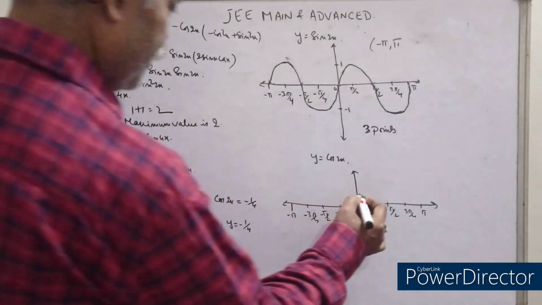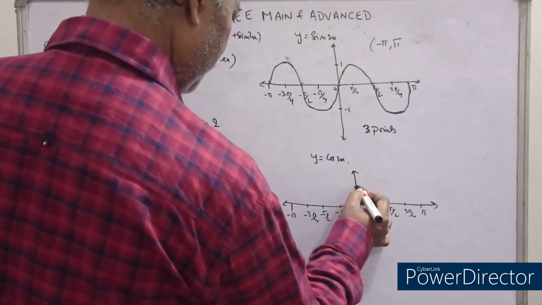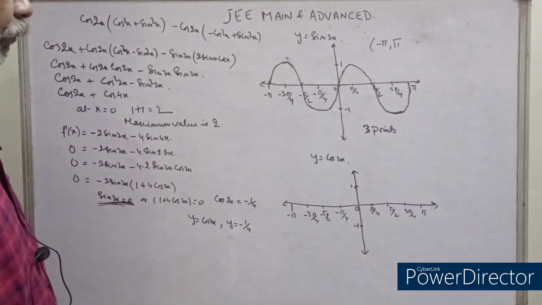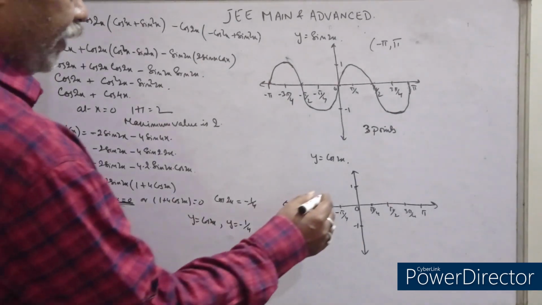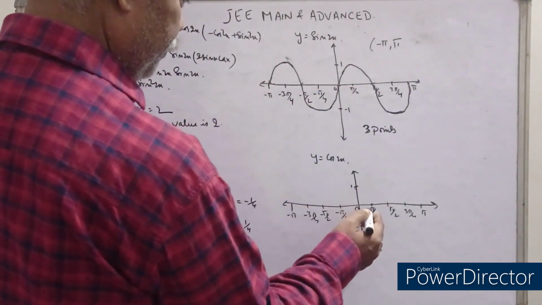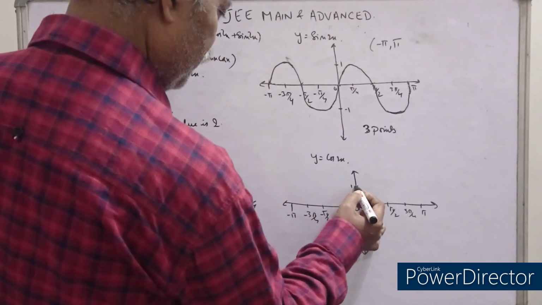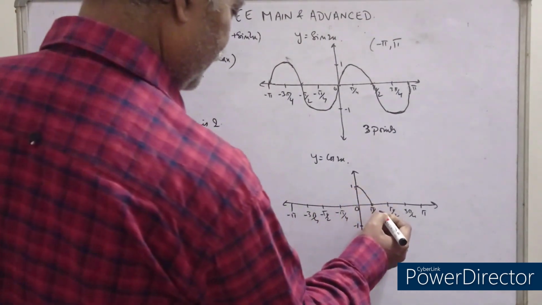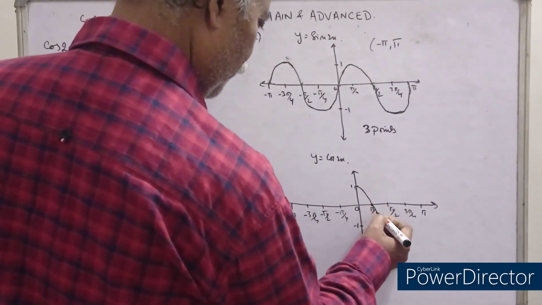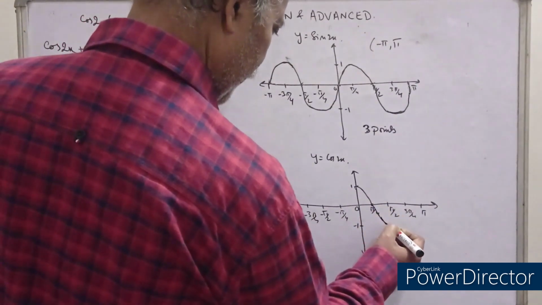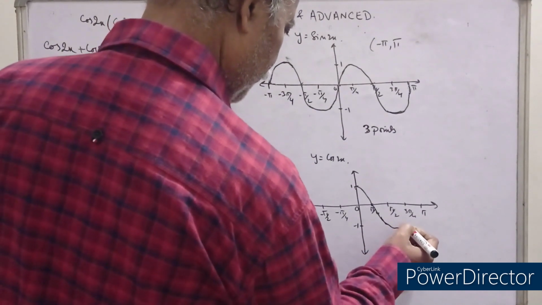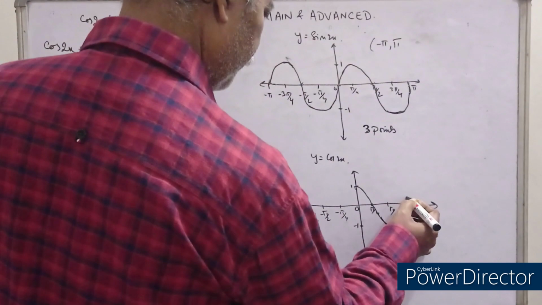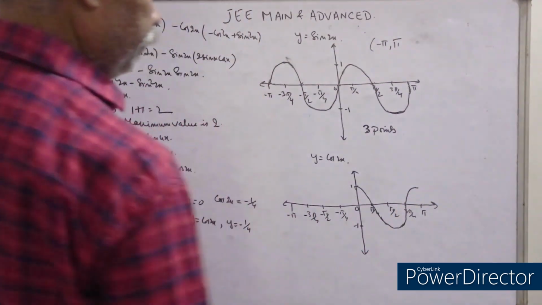The maximum value is 1 and the minimum value is minus 1. When x is equal to 0, it starts from 1. At pi by 2 it will be 0, the graph goes down, and at pi it is minus 1. Then it comes back to 0 and after that to 1.